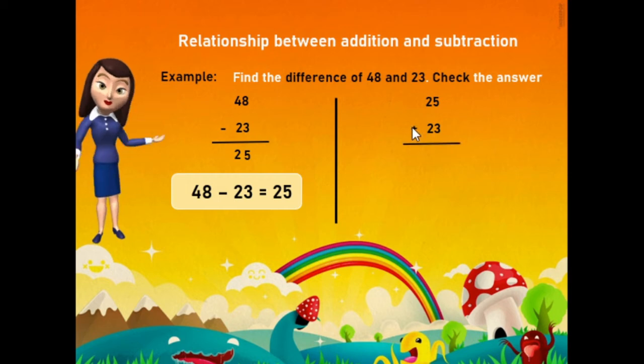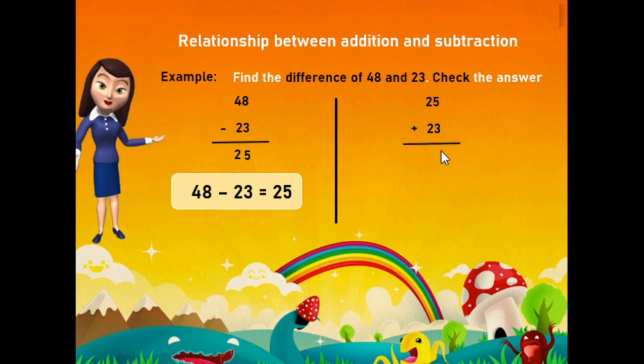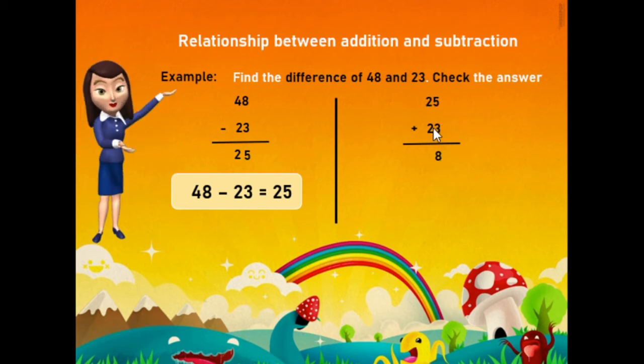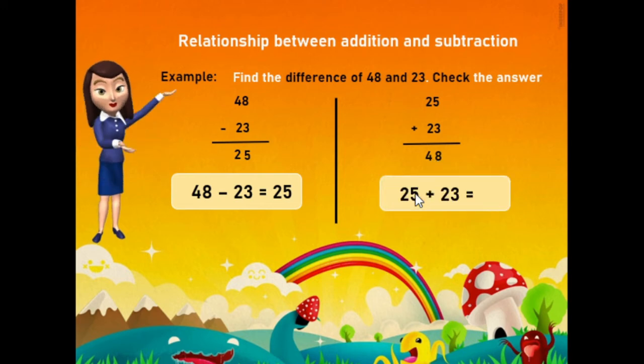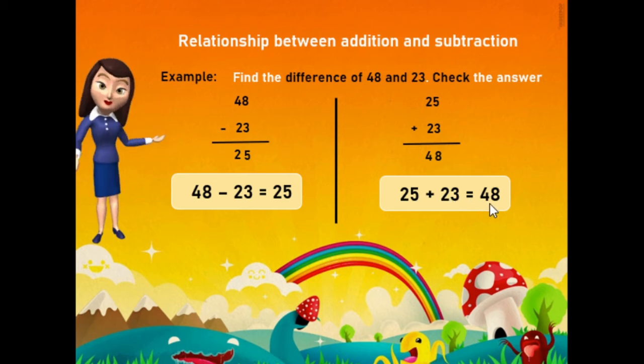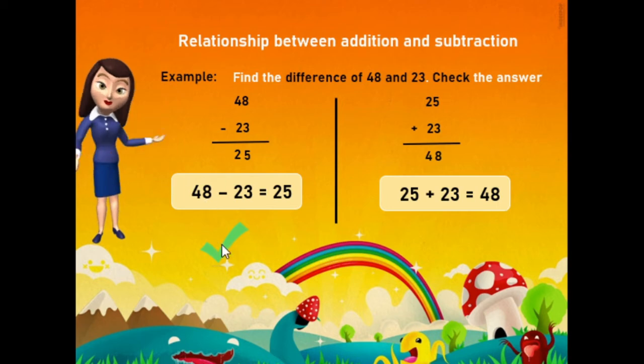And then you add them together. 5 plus 3 equals 8. 2 plus 2 equals 4. See? 25 plus 23 equals 48. 48, which means our answer is correct.